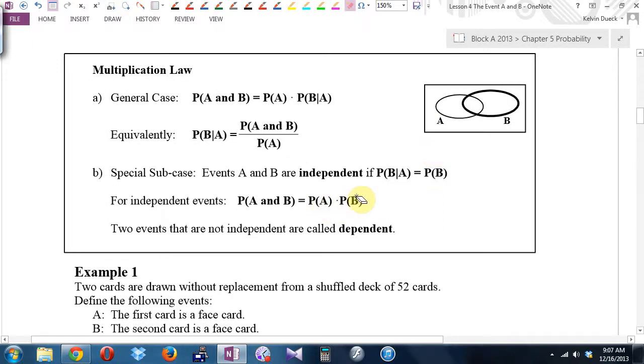Here's the key idea. Emma, in both of these, what does and mean? Multiply. Okay? So I don't change my approach whether they're dependent or independent. However, I look at my tree afterwards and I can say, oh, the bottom levels are identical, independent. It matters which branch I go down, it depends which branch I go down, they're dependent.